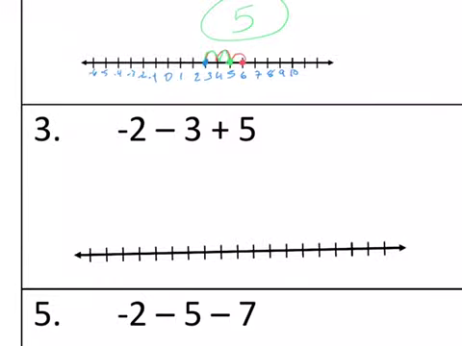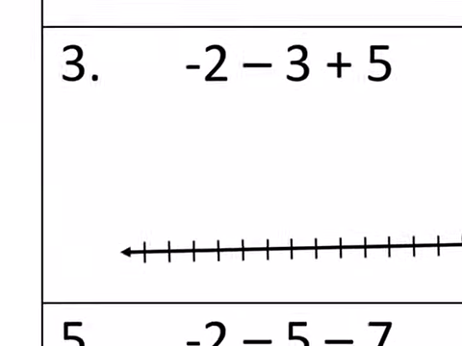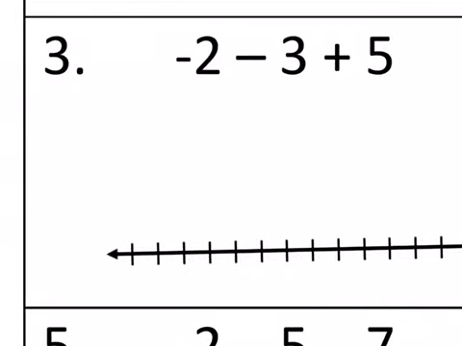Looking at number 3. Okay, we'll start here. I'm going to start with negative 5. Okay, we'll mark our negative 2.